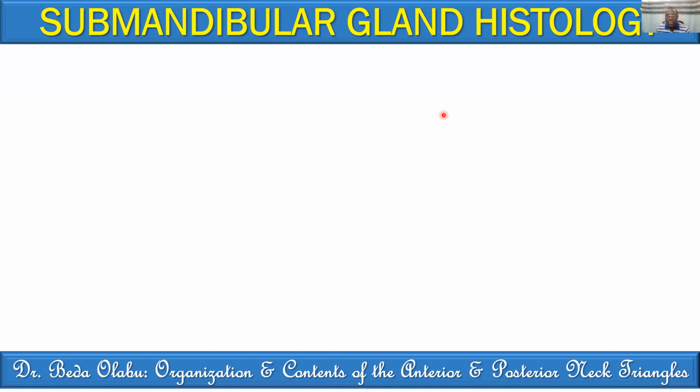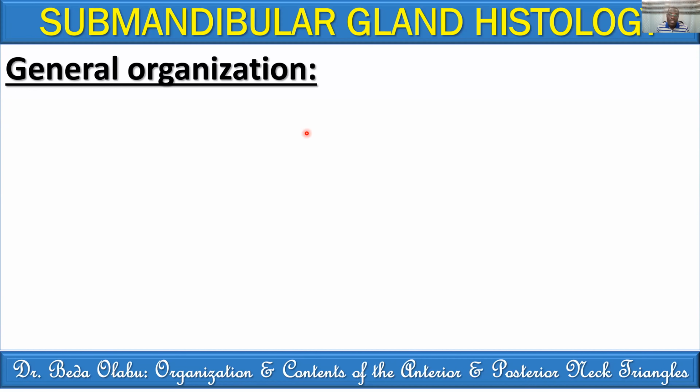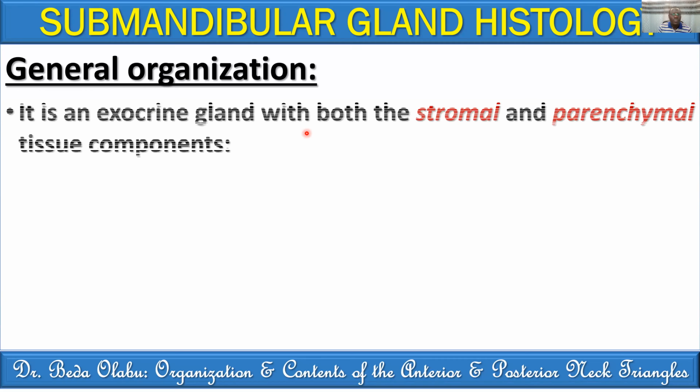We can now talk about the histologic organization of this particular gland. So in terms of the histological organization of the submandibular gland, understand that this is an exocrine gland.